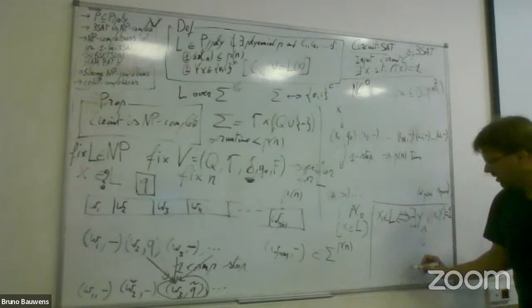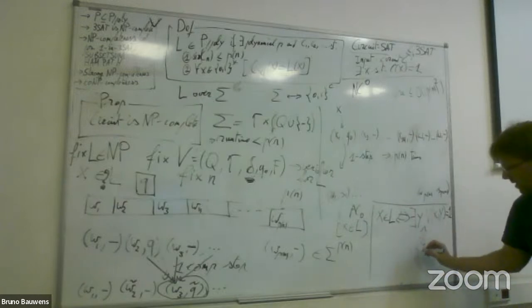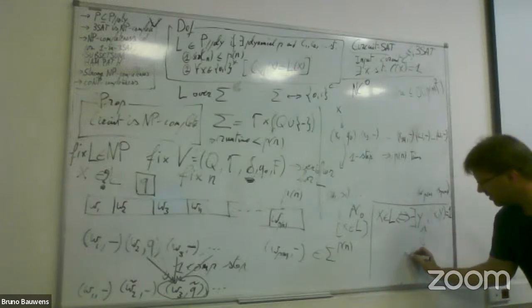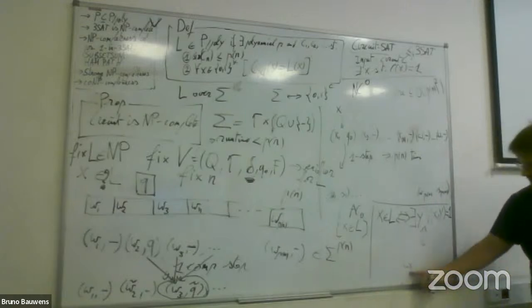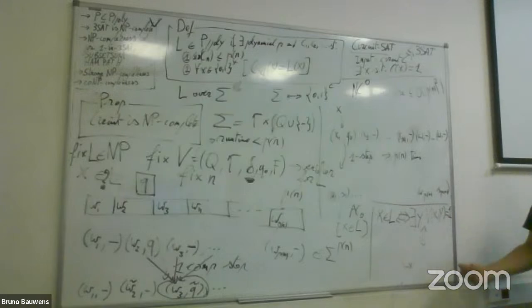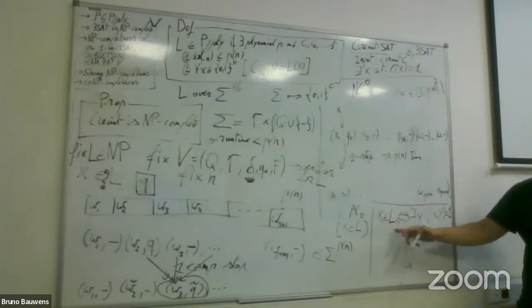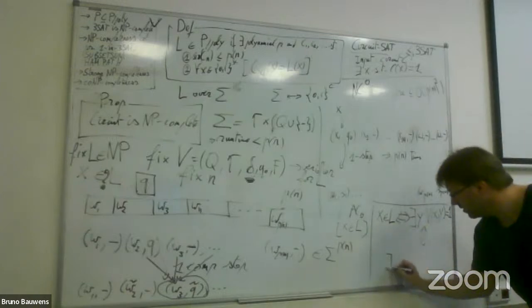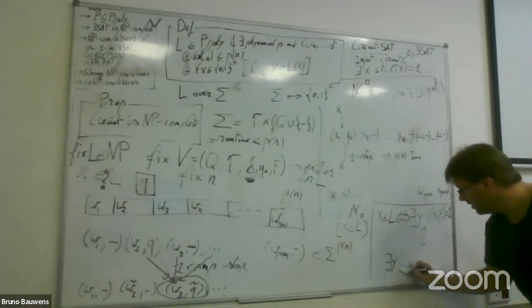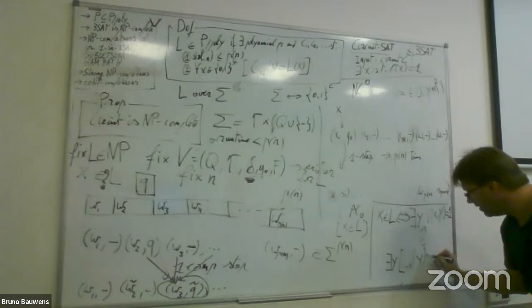So we want a circuit that is constructed using X as an input, and the circuit is satisfiable if and only if X is in the language. So if and only if there exists Y so that C of Y equals 1.